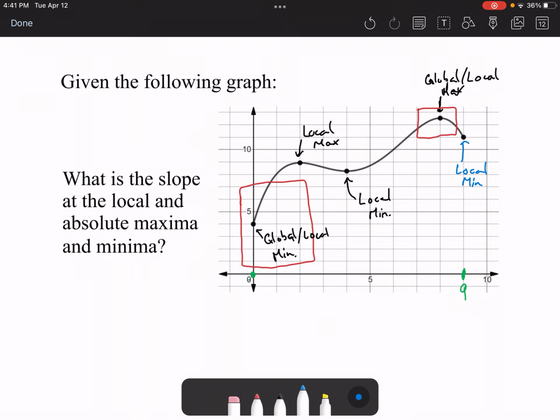Now what you can notice is the slope at the local maximum and minimum, and even the absolute maximum and minimums. Well, let's take a look at the slopes of these different functions at the different spots. Well, the ones at the endpoints, this one right here seems to be a positive slope, and the one at the other endpoint seems to be a negative slope.